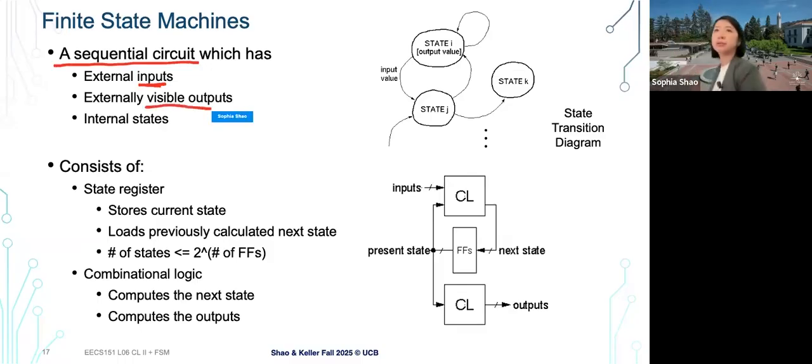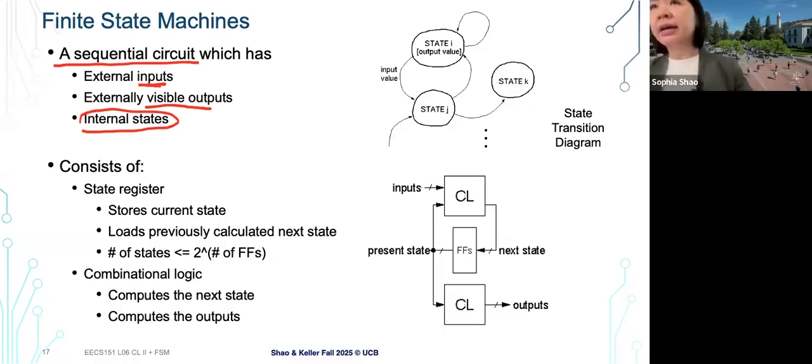Then I have output, which propagates to the next sequential element, to the downstream circuit. And inside, as a sequential circuit, I have my state element that remembers and accumulates what has happened, and that will be my inside state. So when we think about sequential circuits, there are always those three elements.